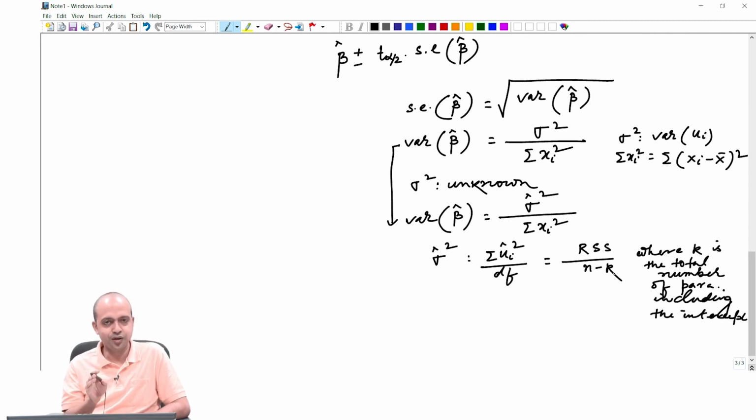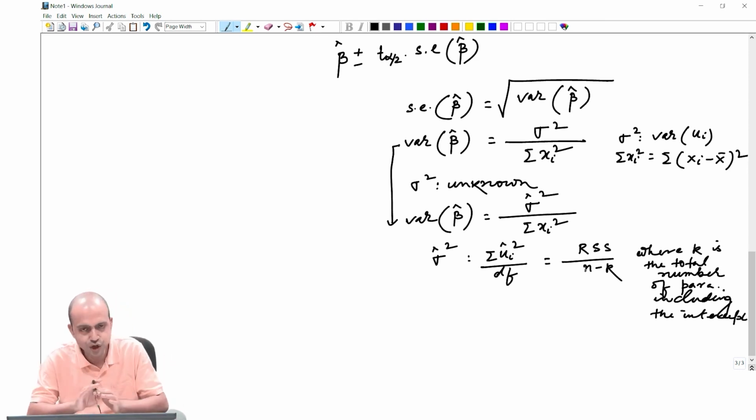If you go back to our previous lecture, in that particular section we have clearly explained what is the degrees of freedom for TSS, for RSS, and for ESS. So, one thing we have learned here: when we have a problem with an unknown population parameter while computing some statistical measure, our rule says we have to replace it with the sample counterpart. Sigma square is unknown, so we are replacing it by sigma hat square, which is nothing but summation ui hat square or RSS by its degrees of freedom.